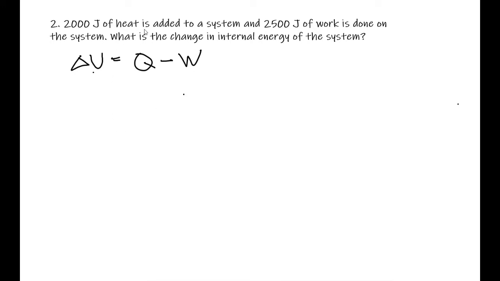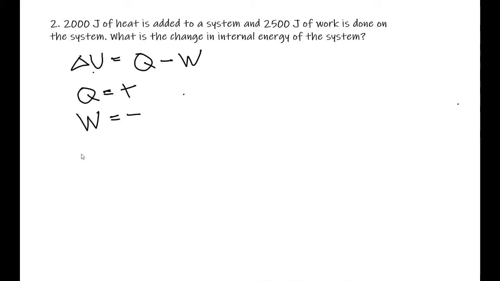Okay, so since heat is added to the system, Q is positive, and since work is done on the system, work is negative. So let us just substitute the values.